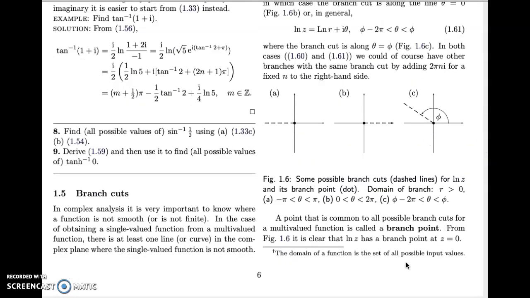Now, we've got this free choice of branch cuts. If you've got a choice of branch cuts, there's always a point which stays the same independent of which branch cut you use, and that's known as a branch point.